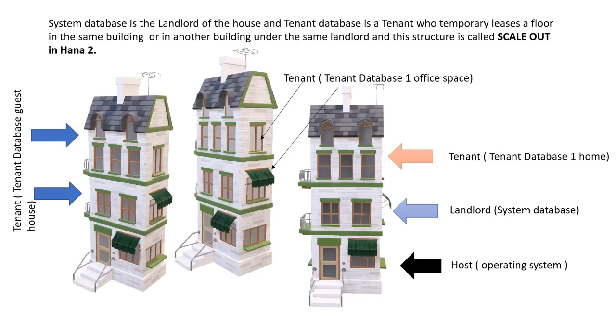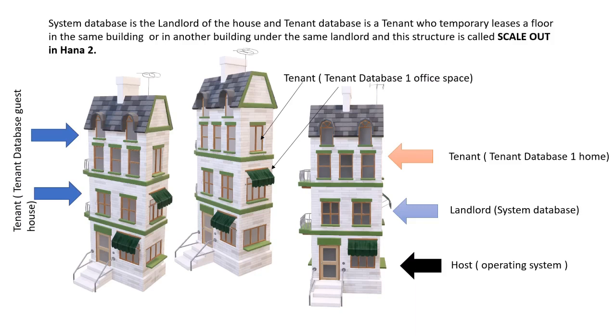In the first host he is using it as a home, for some part of the operation. In the second host he is using it for some other part of the operation. Suppose he uses it as office space, and then he has one space which he uses as a guest house. If someone comes in, he asks them to stay over there. But for all this he has only one landlord, which is the system database. So this is the MDC structure.